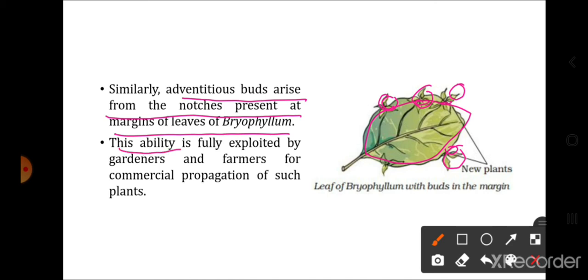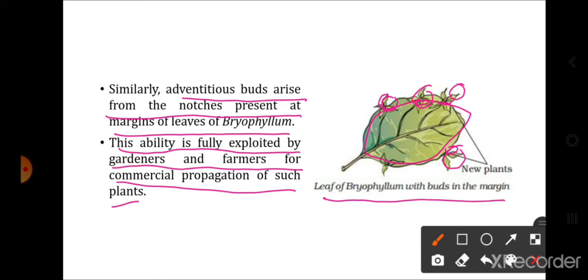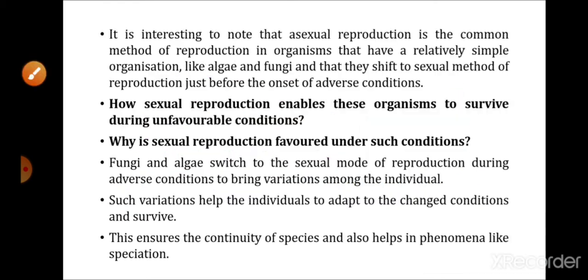This ability is fully exploited by gardeners and farmers for the commercial production of such plants. So basically the property of vegetative propagation in plants is utilized by farmers and gardeners for the commercial production of plants. Clear? See students, this is the leaf of a bryophyllum with bud in its margin.